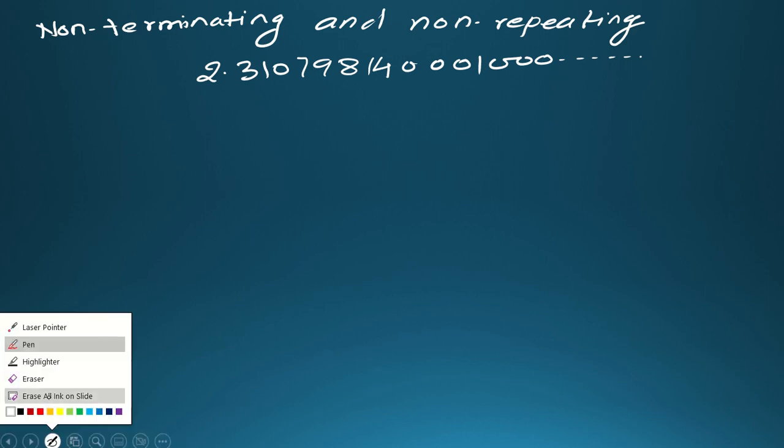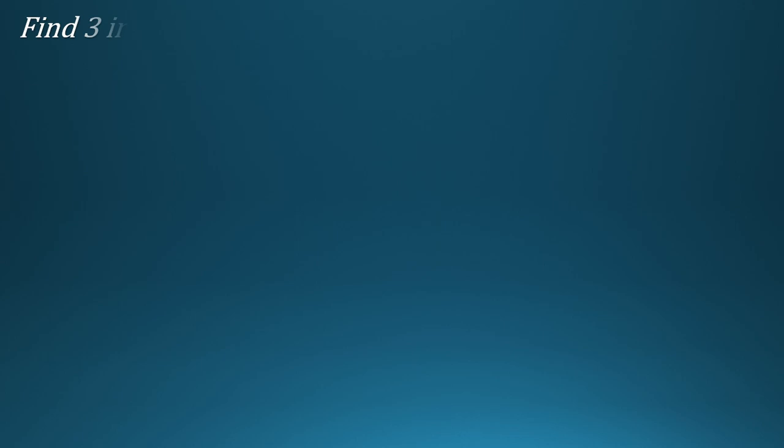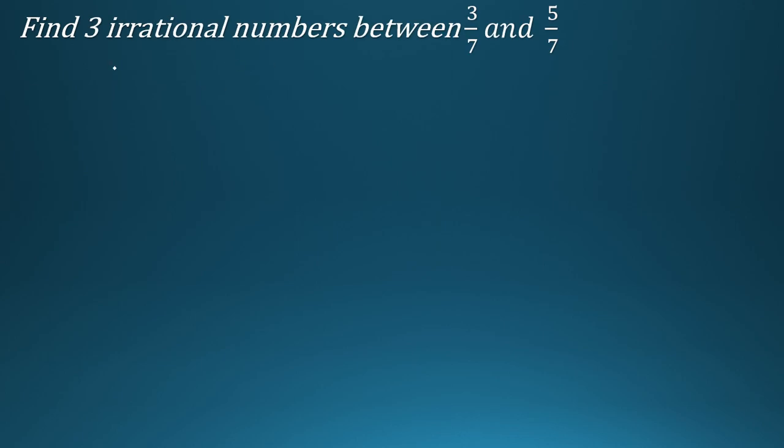Okay, so let's talk about some examples. Suppose the question is: find three irrational numbers between 3 by 7 and 5 by 7. Such questions will be very easy for you if you can find their value, up to that many decimal places where you get different values.